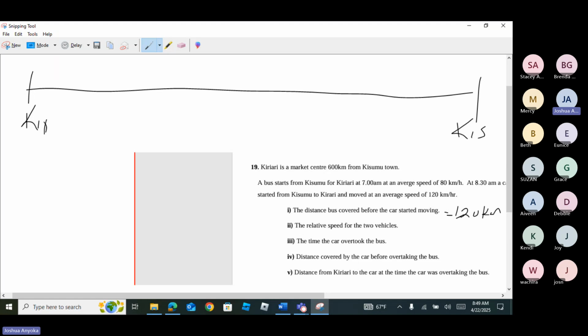Roman 2? 40 kilometers per hour. Roman 3? 11:30 a.m. Roman 4? 360 kilometers.